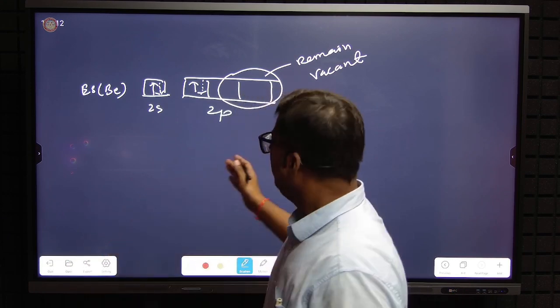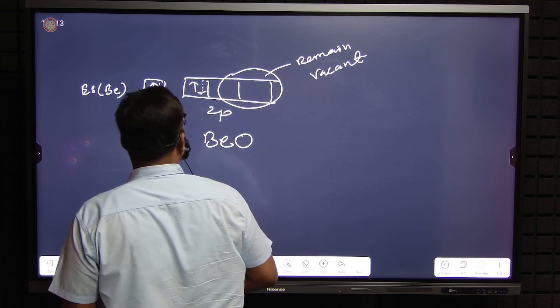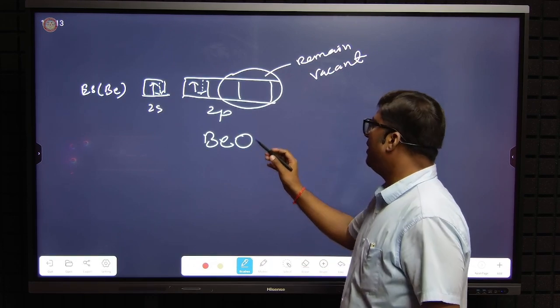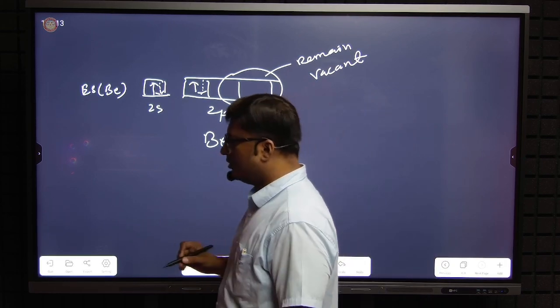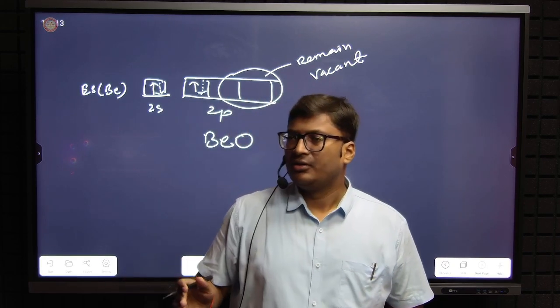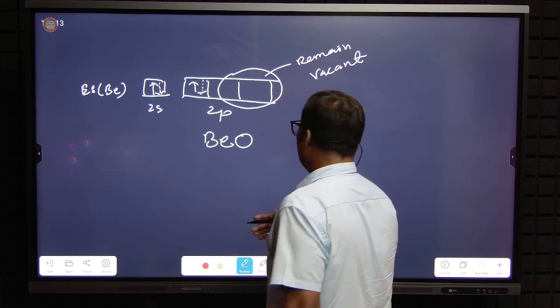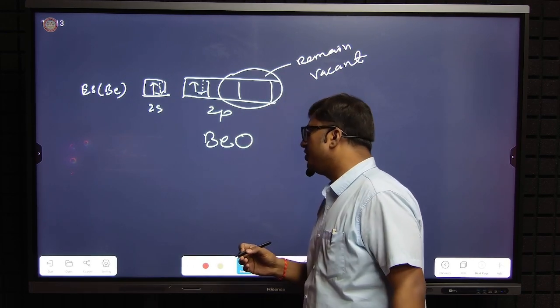So in beryllium oxide, this beryllium possesses only 4 electrons in the valence shell. Compared to the octet rule, there is a deficiency in the octet configuration.